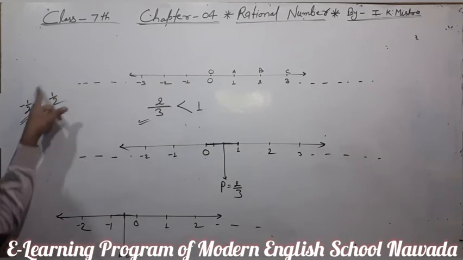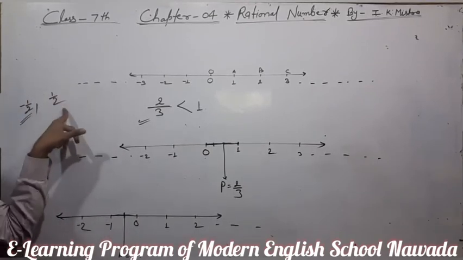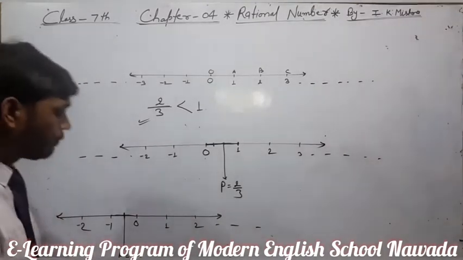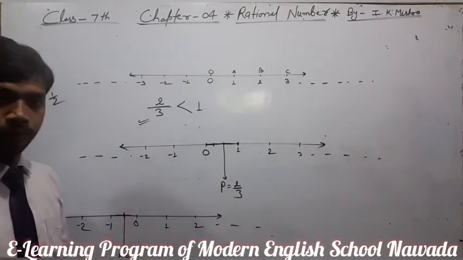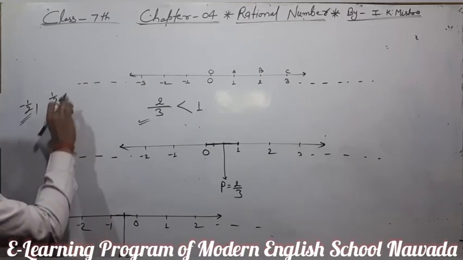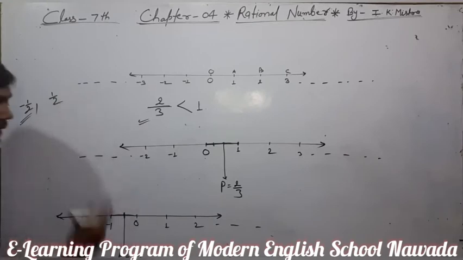Again 1 by 2 is represented. You know 1 by 2 is a positive rational number. That means it lies on the right side of 0, between 0 and 1. So you have to represent it: divide this distance into two equal parts.